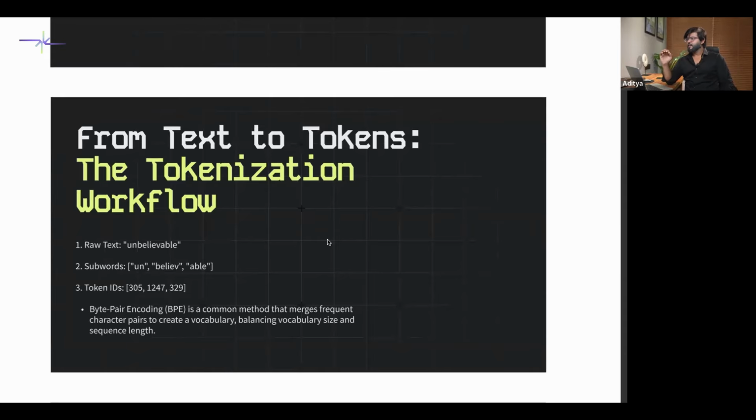Why are subwords important? It's a balance. If we use only whole words, the vocabulary will be enormous. If we split into letters, the sequences get very long. Subwords give us a sweet spot. Just check unbelievable.